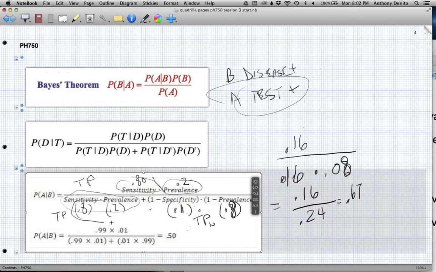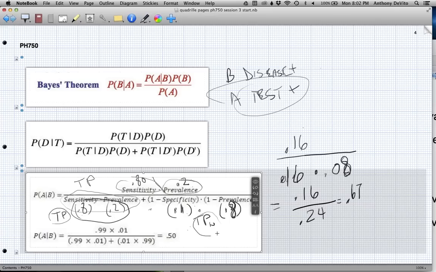The first part is the number of people that tested positive that have the disease, and that's the prevalence times the sensitivity. 20% of the people have the disease, and 80% of the time you're correct at getting a positive test. So the percentage of positive tests is 0.8 times 0.2.